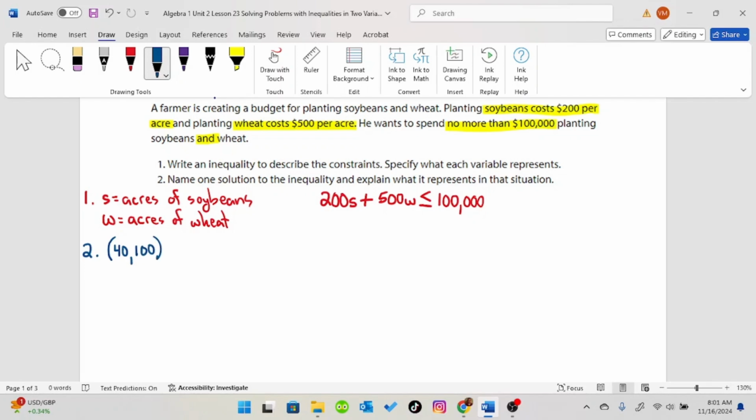If we substitute these values in, then we have 200 times 40 plus 500 times 100 is less than or equal to 100,000.